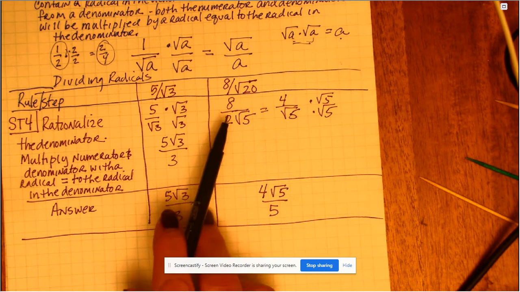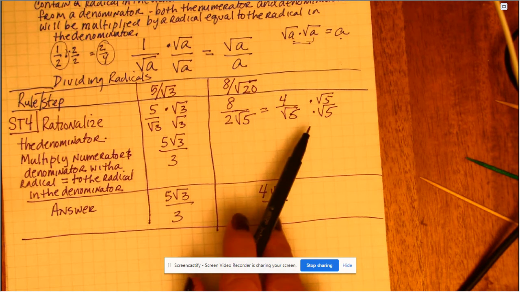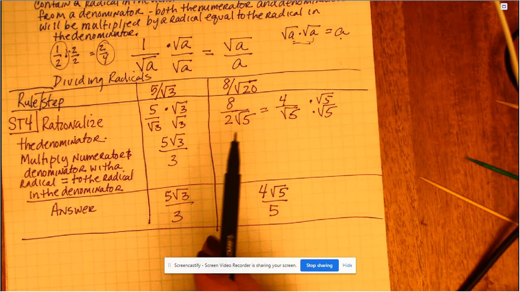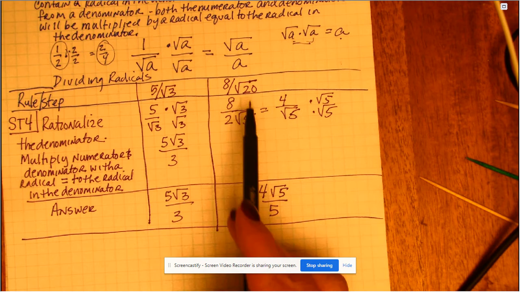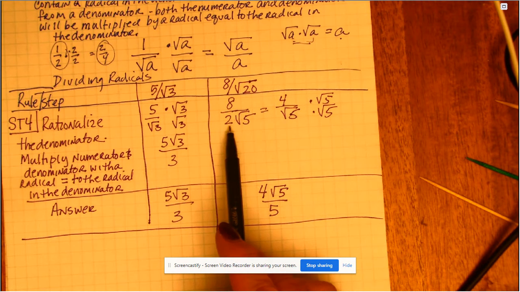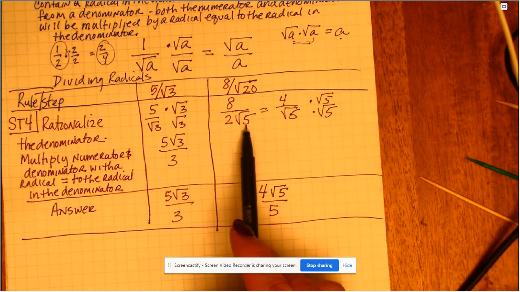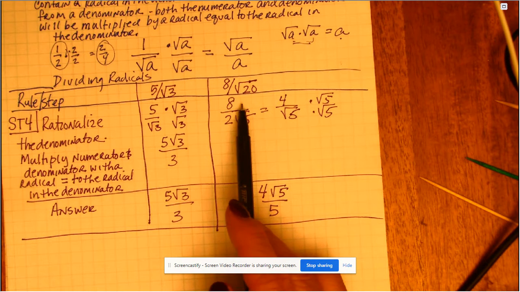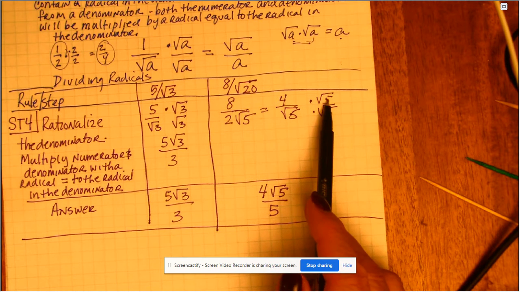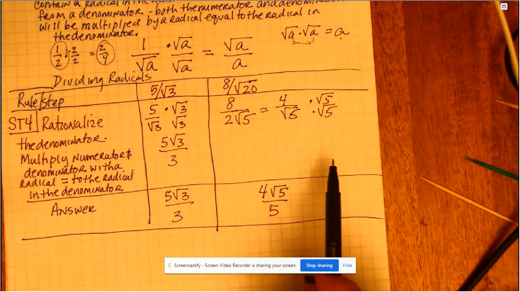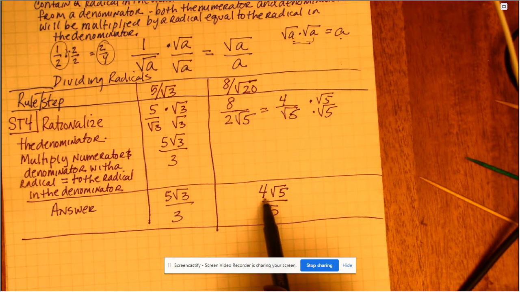Now, it's easier if we simplify first, but if you don't, you're going to get the same result as long as you simplify at the end. Here, we had to simplify 20 to make it a 2 outside and a 5 left inside. 8 divided by 2 will leave us with 4, and the radical 5 on the bottom, leaving me to multiply both the top and the bottom by radical 5. So my final answer is 4 radical 5 over 5.